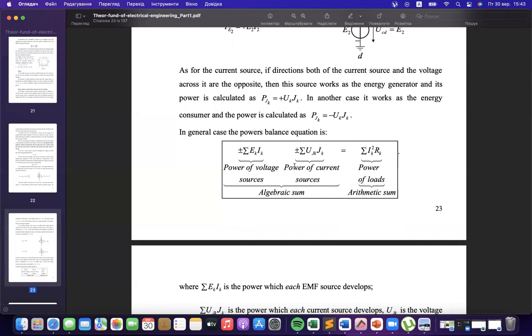I think we will discuss it more deeply next time and take a couple of practical examples also next time. For today, just general ideas about serial and parallel connection, about Ohm law and current and voltage Kirchhoff laws, and a general idea about power balance. It is called power balance. For today, I think that's all. I think that's enough about new material.